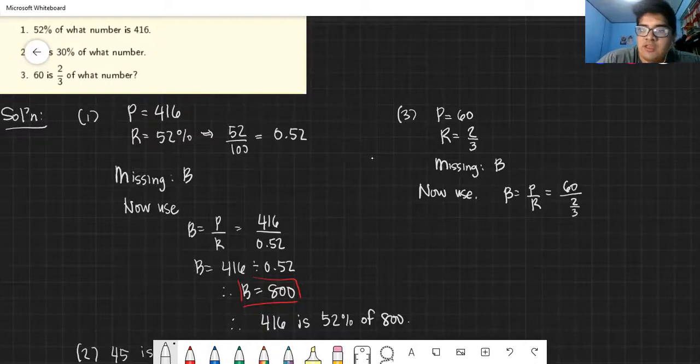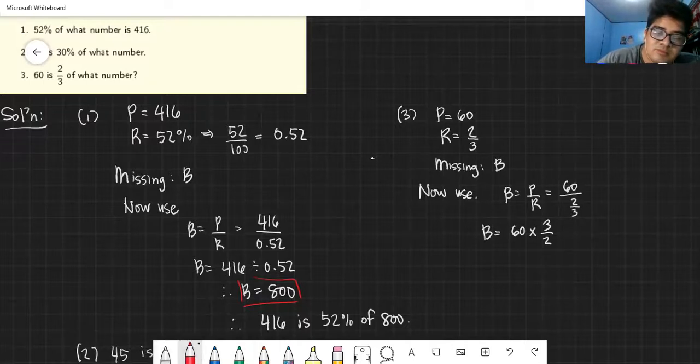Who's the rate? 2/3. Now, if you have a fraction in the denominator, this will become multiplication, because 60 is multiplied by the reciprocal of 2/3, or 3 over 2. That's all it is, right? If you're dividing, you just take the reciprocal of the denominator. And we can cancel: 60 and 2 can be cancelled. This is 30. So this will become 30 multiplied by 3, or B is equal to 90.